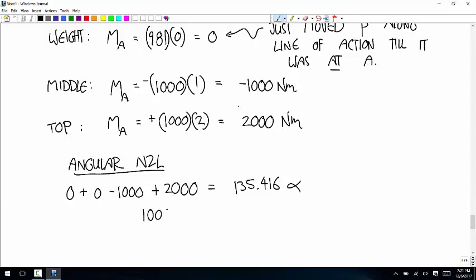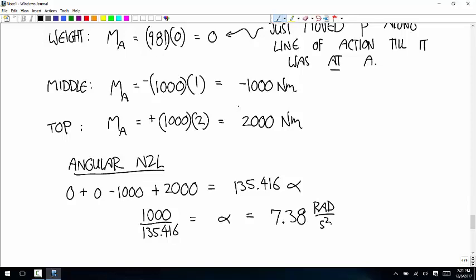And so we get positive 1,000 divided by 135.416 is equal to alpha. Can someone divide that? 7.38 radians per second squared.